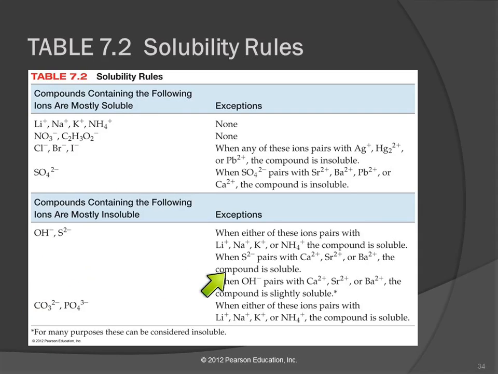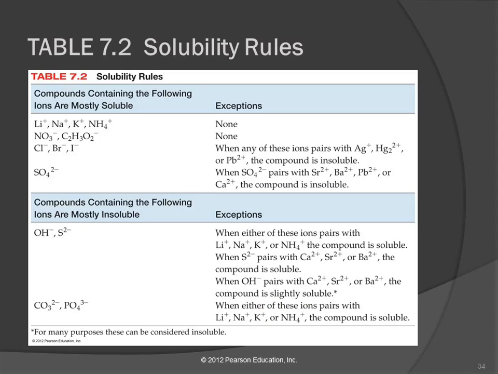These are insoluble with some exceptions. So hydroxides and sulfides are generally insoluble, except if you've got either of those with lithium, sodium, potassium, or ammonium, it's soluble. If you've got sulfide with calcium, strontium, or barium, it's soluble. If you've got hydroxide with calcium, strontium, or barium, it's slightly soluble.